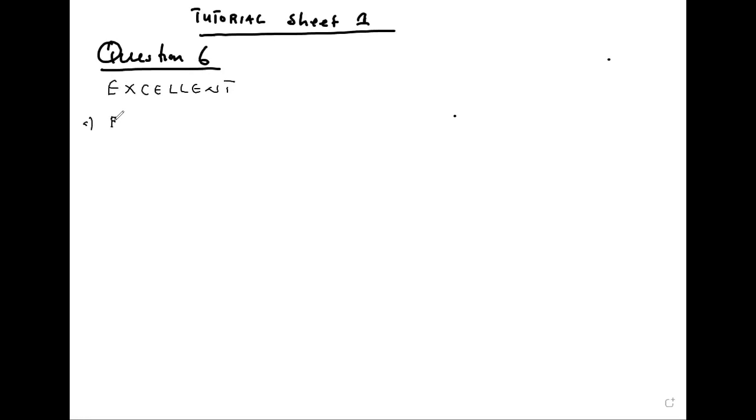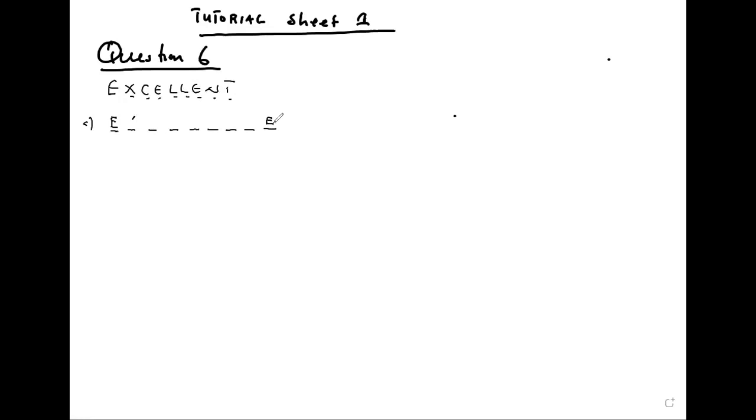If we fix E here, how many letters do we have altogether? 1, 2, 3, 4, 5, 6, 7, 8, 9. So position 1, we put E. And in position 9 we put E here also.